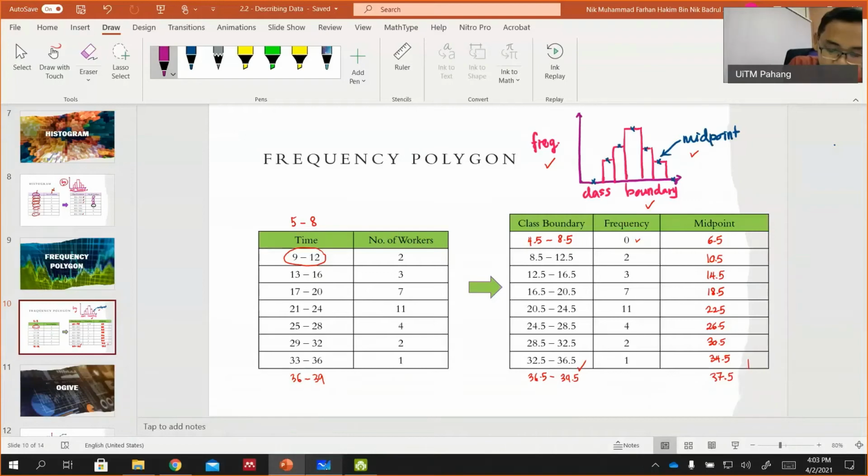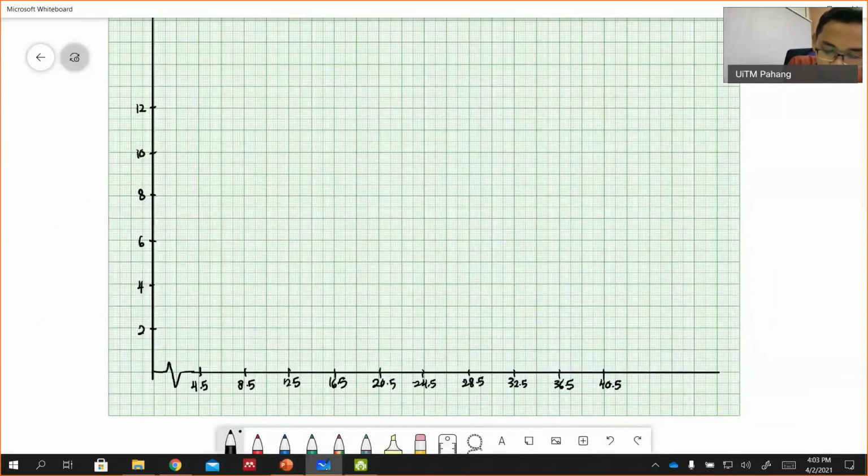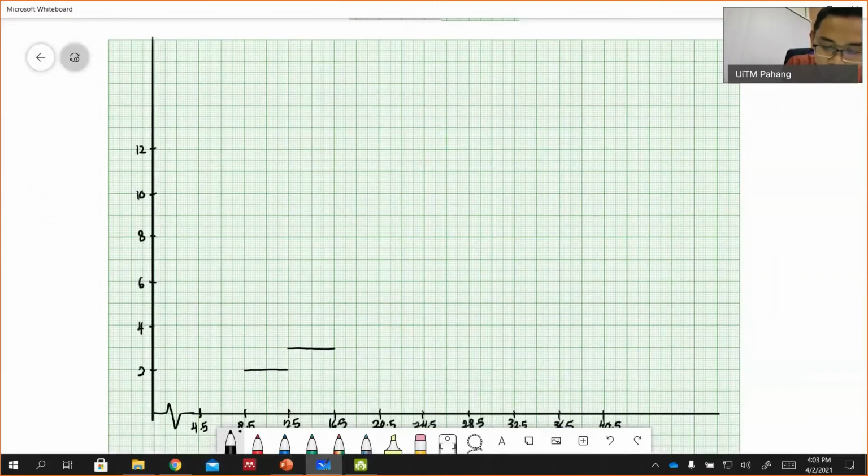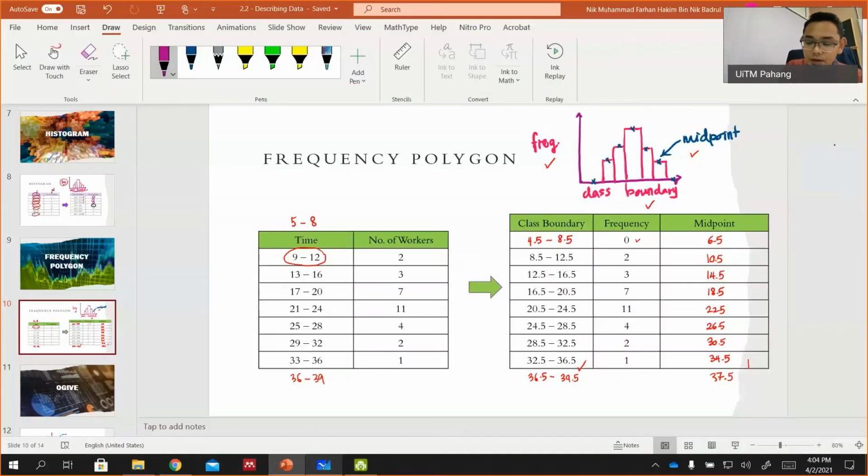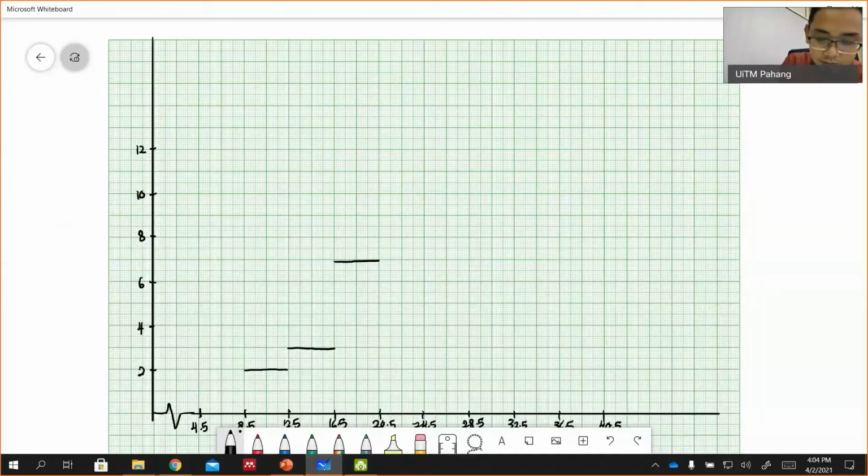All right. So 2, 3, 7, but actually you have to use the ruler. Please use your ruler. 7, and I have 11, 4, 2, 1. 11 is somewhere around here. 11, 4, 2, and then you have 1.